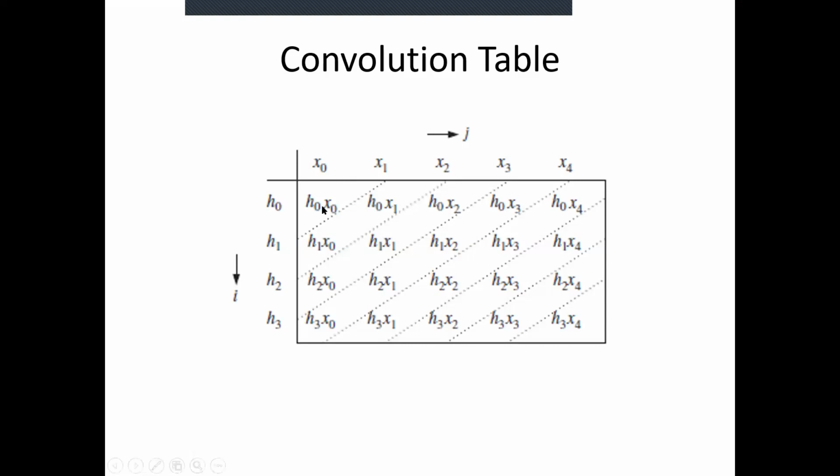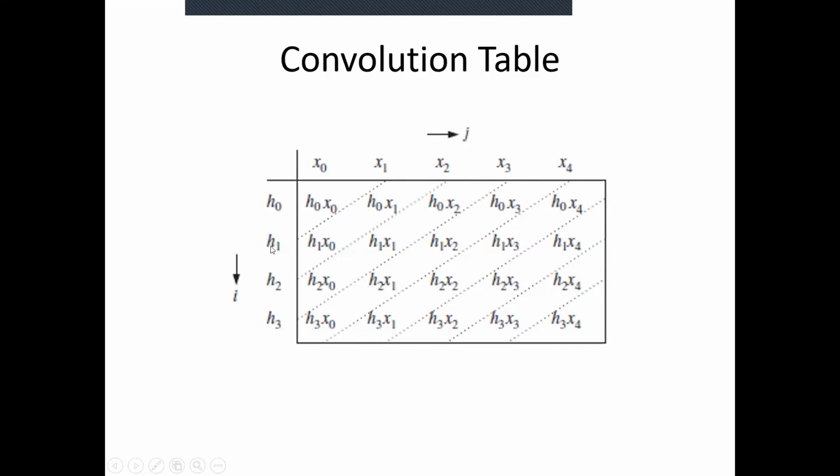Well, now how are we going to construct this table? It's very simple and easy. We are going to multiply H0 by the coefficients of the X matrix. Look, H0X0, H0X1, H0X2, H0X3, H0X4. Now the first row is finished.